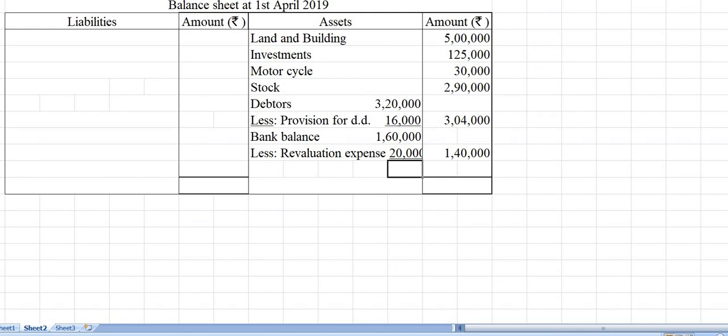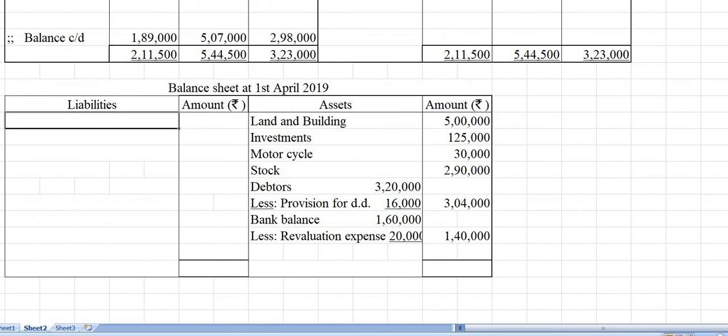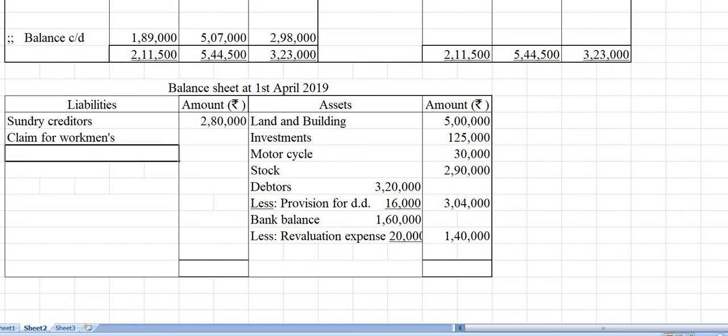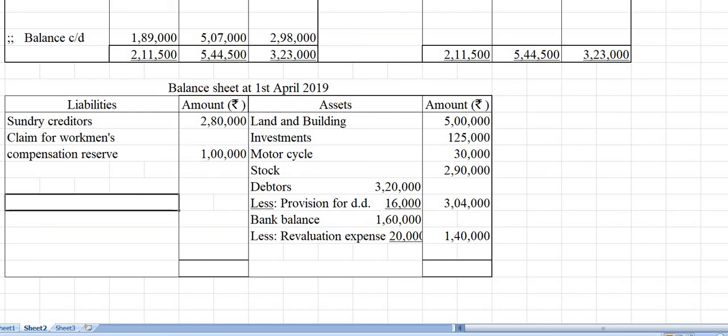Then liability side, sundry creditors first we can write. Sundry creditors we have 2,80,000, no change, same amount will be written. Then claim for workmen's compensation. Claim for workmen's compensation reserve 1,40,000 increased. Then next, partners' capital account we can write. Capital account of partners.